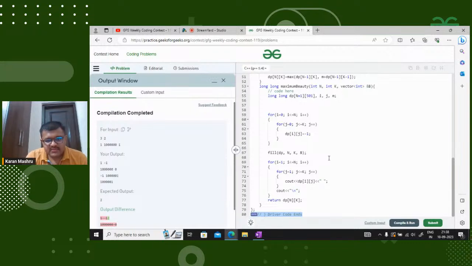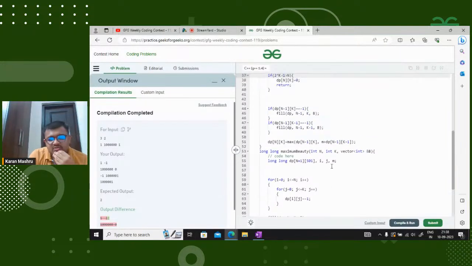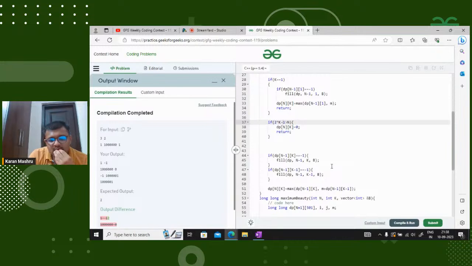So I think we are missing out on something. We have called the function n comma k. This is also dp max of n minus 2 and k minus 1. Okay, so here this should be n minus 2.